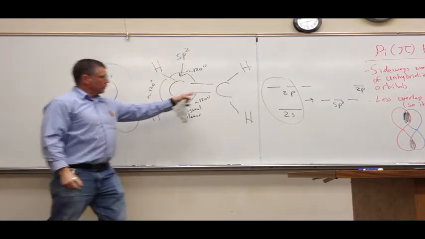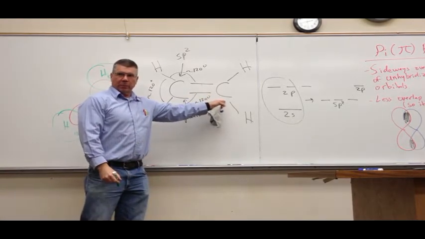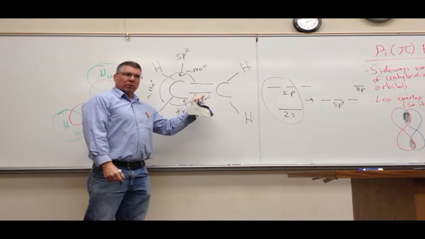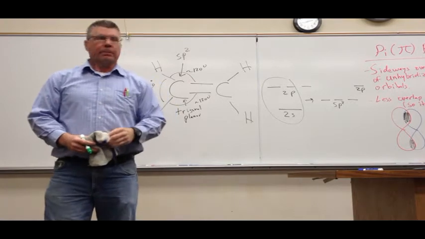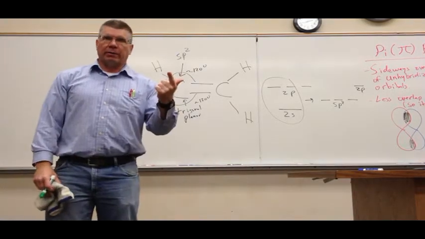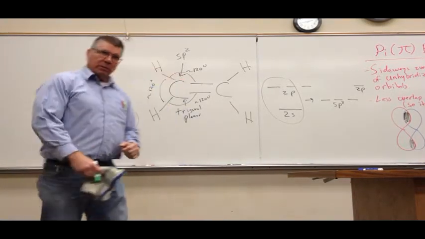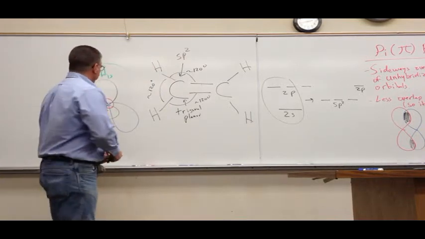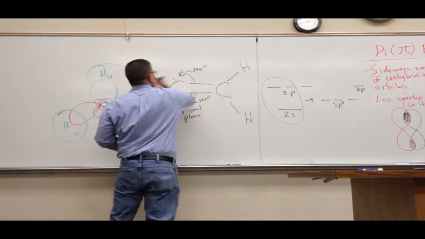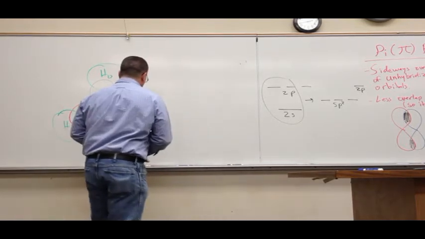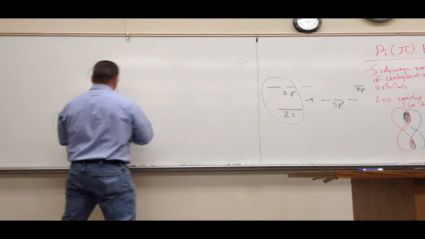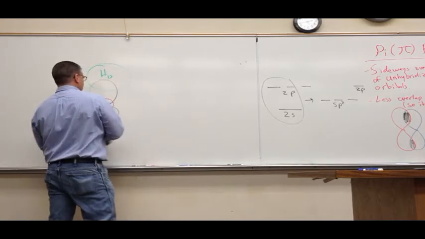And this one is connected to this carbon right here. This is a double bond. What kind of bonds make up a double bond? It's 1 sigma and 1 pi, right? So the sigma is head-on overlap. And that head-on overlap, I'm going to change this a little bit so I can draw it.